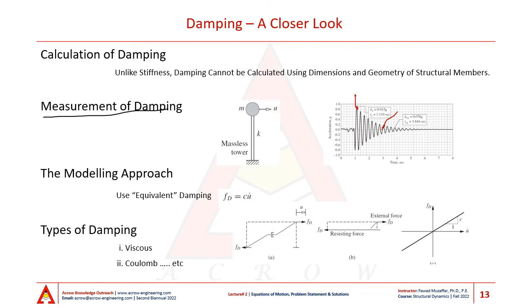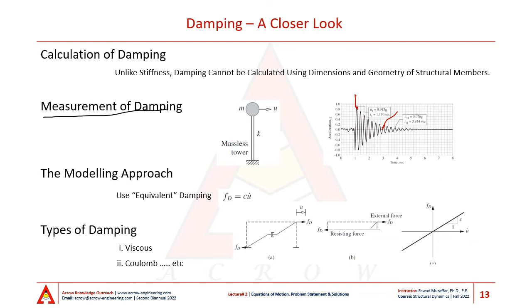The difficulty with this approach is damping changes with the magnitude of lateral deformation or magnitude of loading of the structure. So even if we measure damping for a certain magnitude of lateral deformation, that amount of damping might not be applicable for another magnitude of deformation.